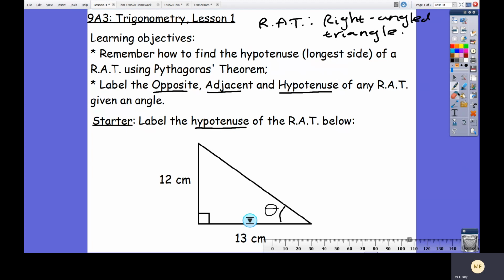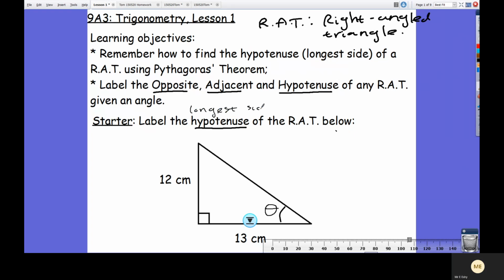So I've indicated that earlier. So we can see here that should be this side here that I've just labeled there. But the trick is, because it might not always be that clear, that the hypotenuse is always opposite the right angle.